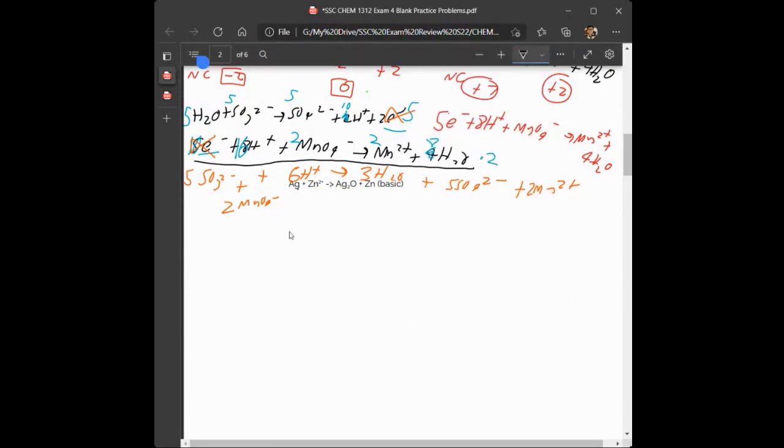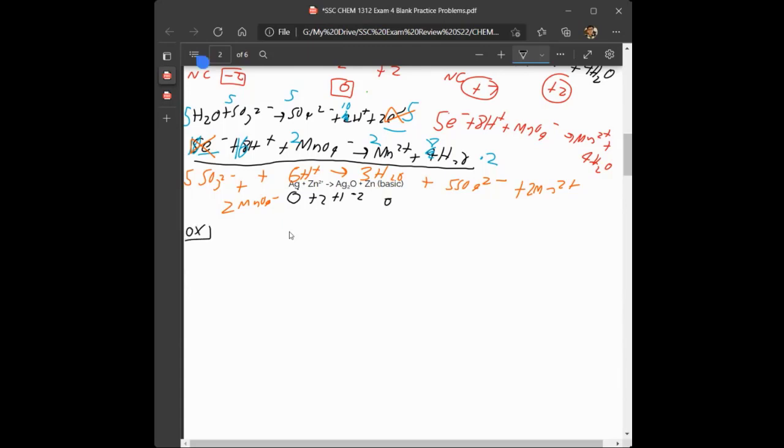So let's first identify the half reactions here. But before we do that, we have to list the oxidation numbers. Ag by itself is 0. Zn is plus 2 if it's charged by itself. We know that oxygen is usually minus 2, and to give it a 0 charge overall, you need to have the Ag be plus 1, because 2 times plus 1 makes plus 2 to balance the minus 2. Zn by itself, we know that's 0.